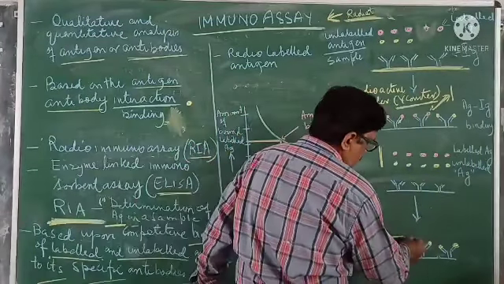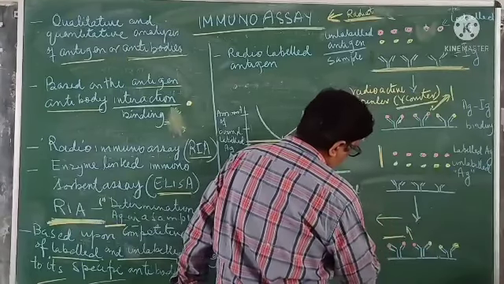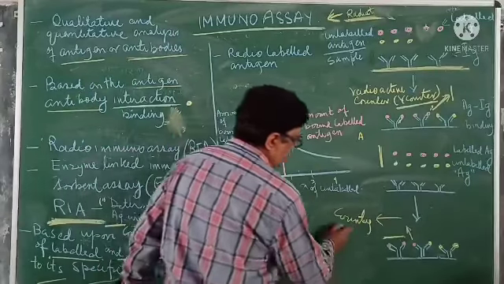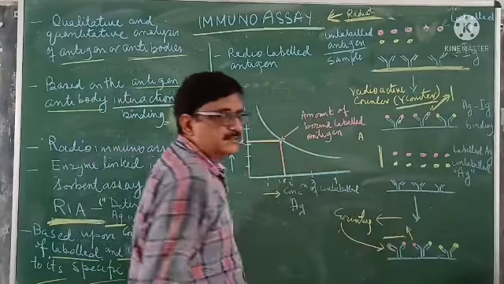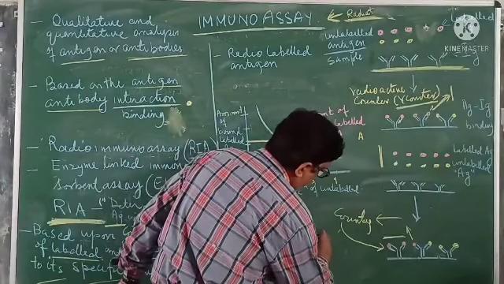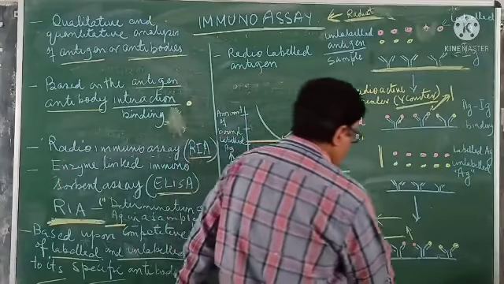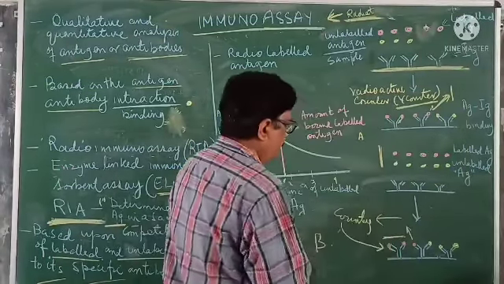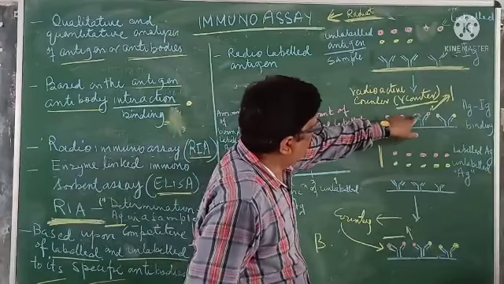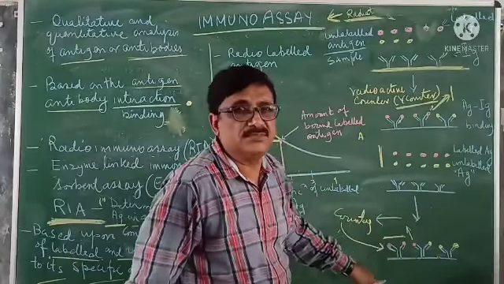Now they will radiate, the counting will be done of their radiation, and by this counting we can estimate the concentration of this labeled antigen. Suppose here the counting is B, that means the concentration is B. Because suppose here 4 molecules are bound, and here only 3 molecules are bound.